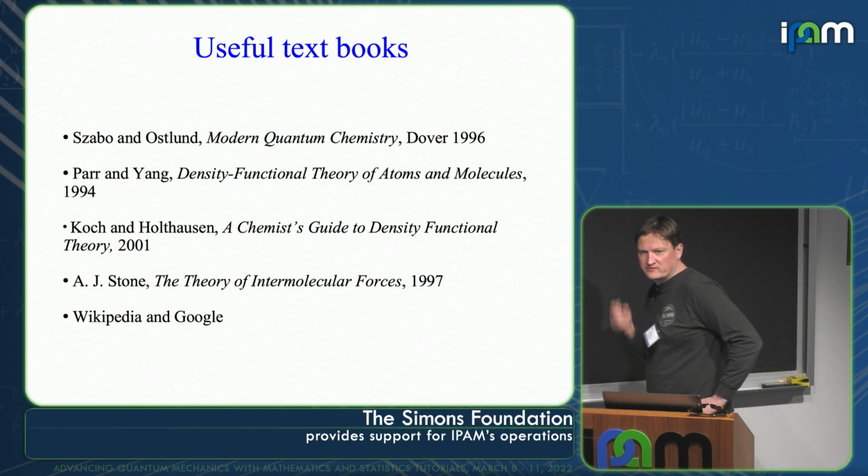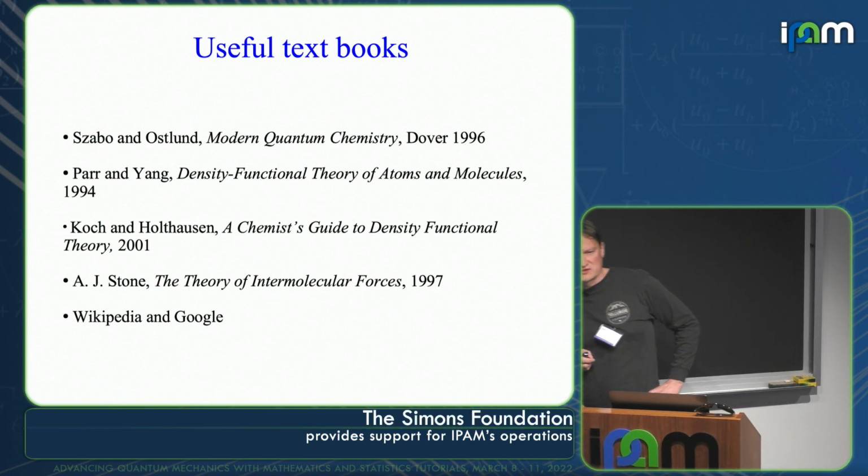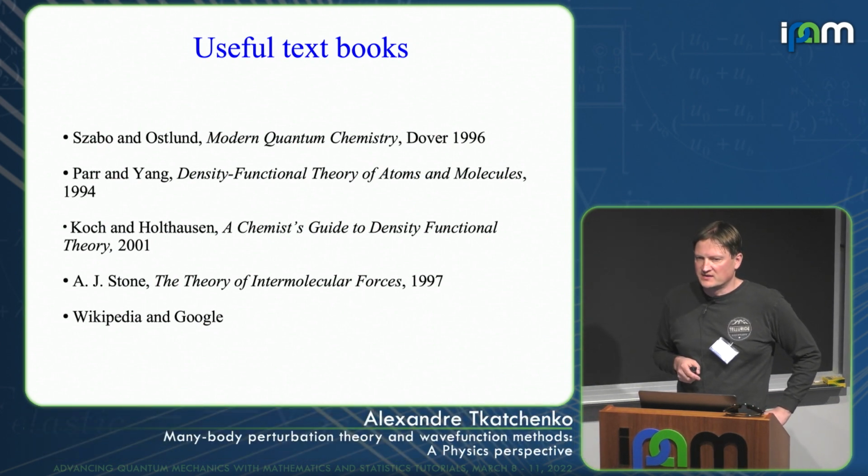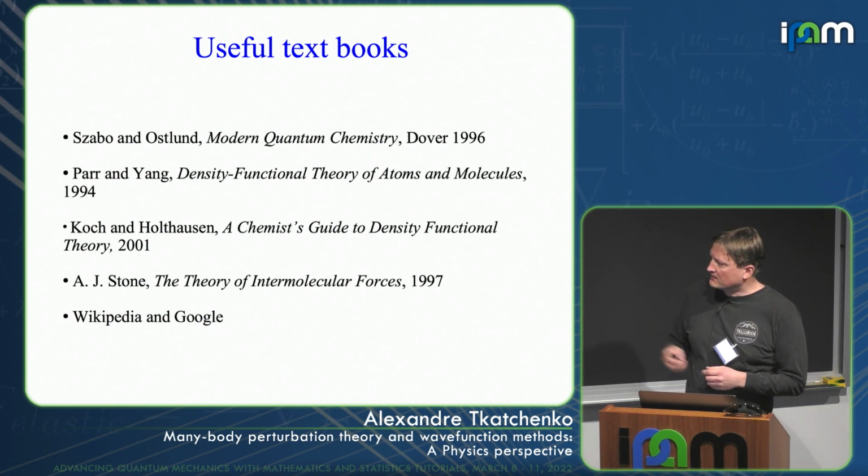Actually, on Friday, I will be giving another talk, a blackboard talk, on the theory of intermolecular interactions, which is something that is not widely studied in the normal physics and chemistry curriculum. But Anthony Stone's book is really the reference that connects electronic structure methods and the theory of intermolecular interactions.